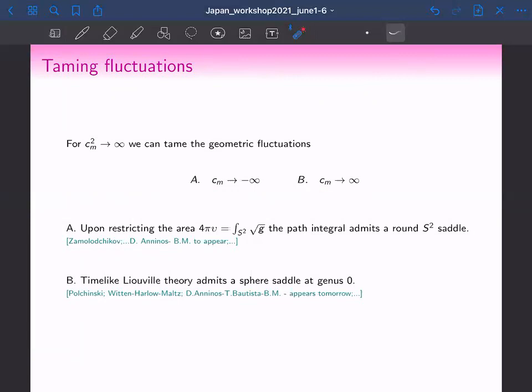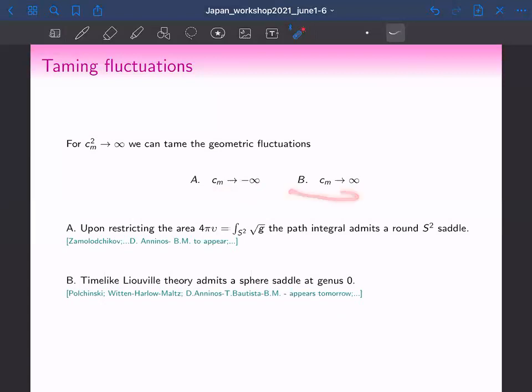Then the gravitational path integral admits a saddle around S2. As I was pointing out before, we started with a topology, but now we have a geometry. This is very, very important because this a priori does not happen for 2-dimensional quantum gravity. We don't have a saddle, only in this specific limit: C matter going to minus infinity, and we fix the area of the underlying surface.